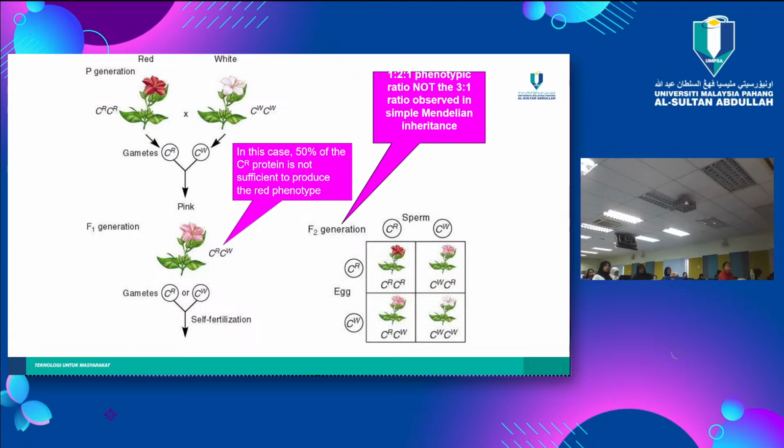So for this example, the red color is the dominant. If I'm solving this question, I like to put this as the dominant one.